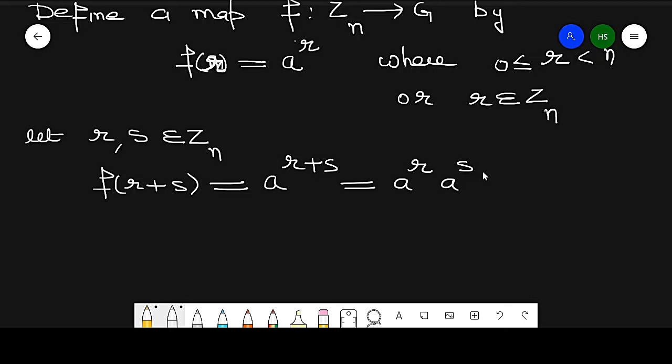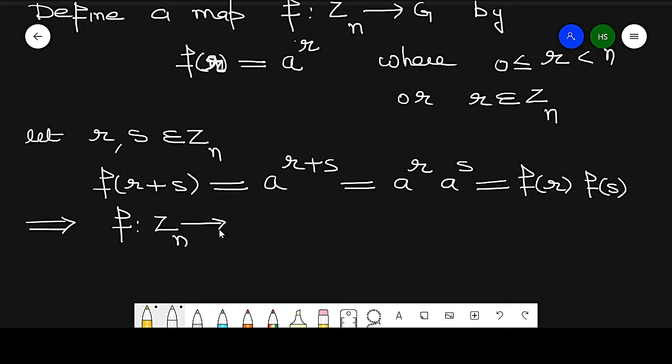So this is in multiplicative form. This can be written as f of r into f of s. So what does it mean? It means this map f from Zn to G is a homomorphism.